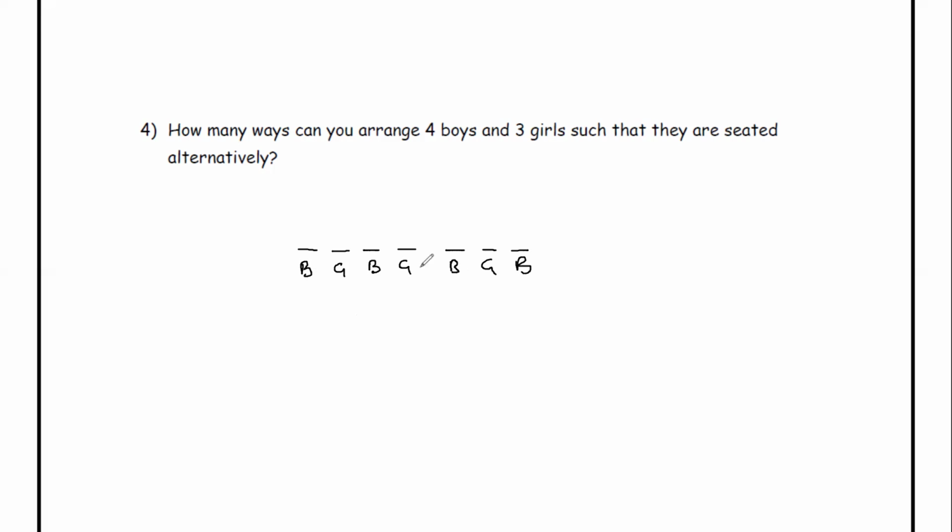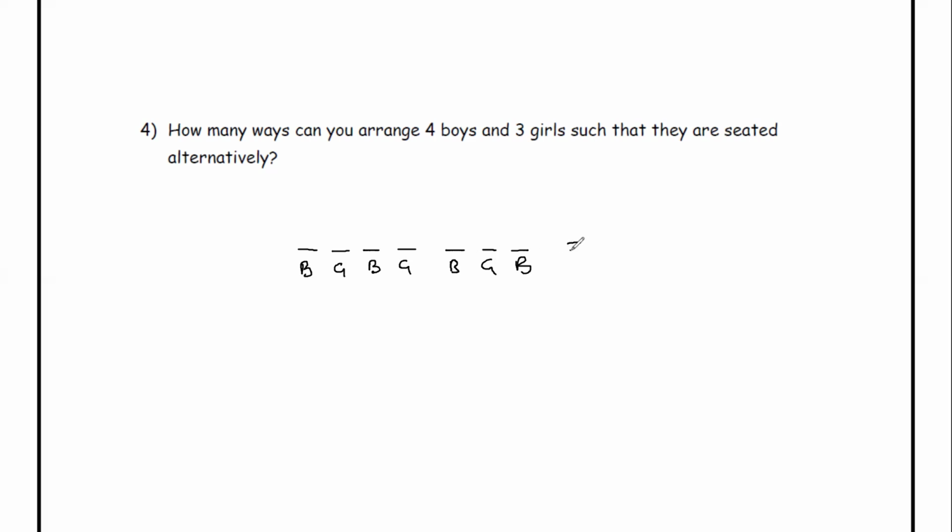So like that, 4 boys and 3 girls will be covered. Is there any other way we can have them seated alternatively? I don't think so, because if you have to go boy, girl, then that's the only way you can have an answer.